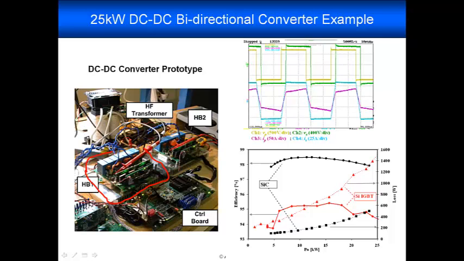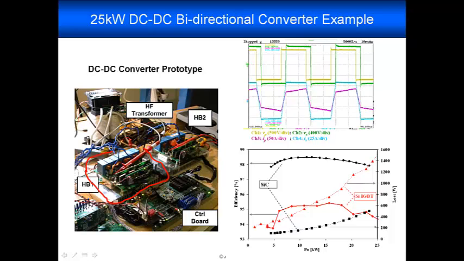This is the transformer. It's made with a nanocrystalline core. It has a high leakage, also realized inside the transformer via a separate path for the flux, for the leakage flux.